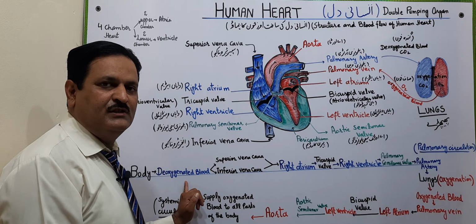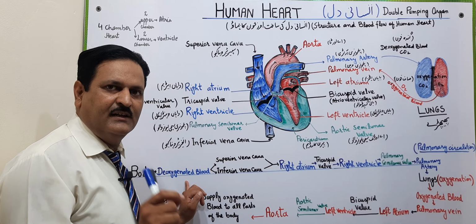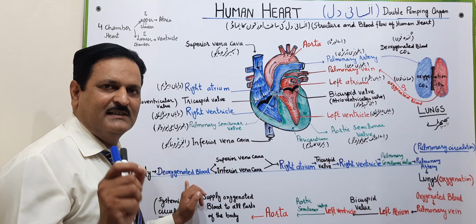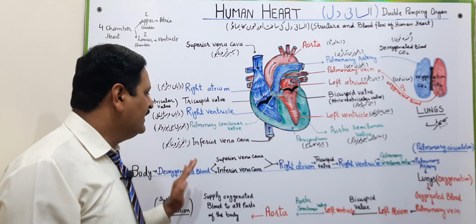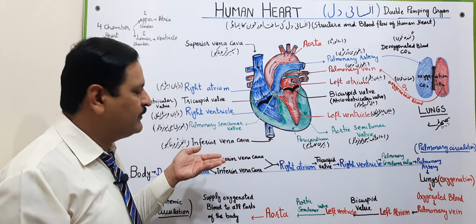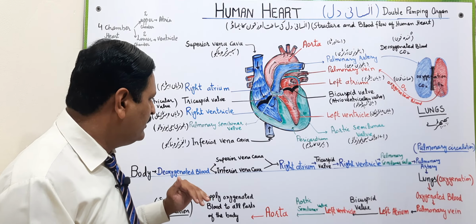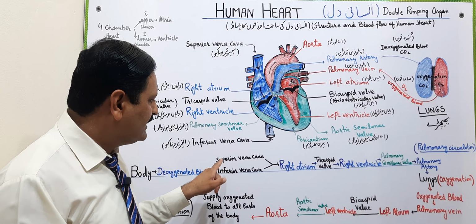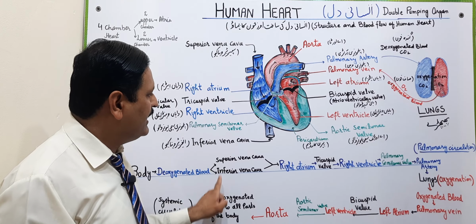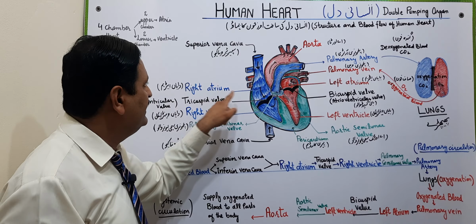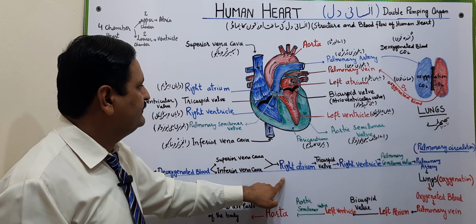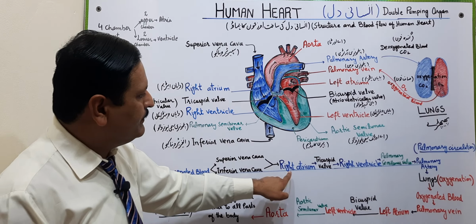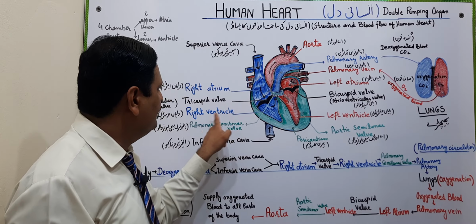The blood which contains carbon dioxide is called deoxygenated blood. Deoxygenated blood comes from different systems of the body and enters the heart through the superior vena cava and inferior vena cava into the right atrium, and then this blood moves to the right ventricle.